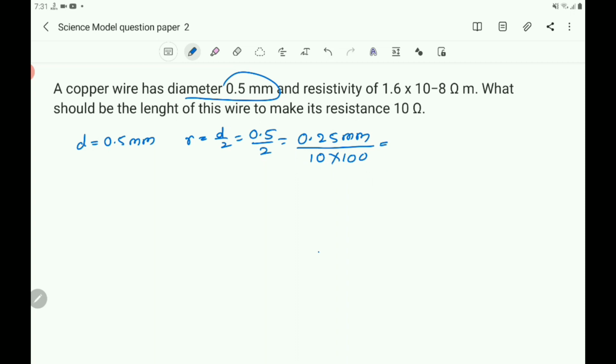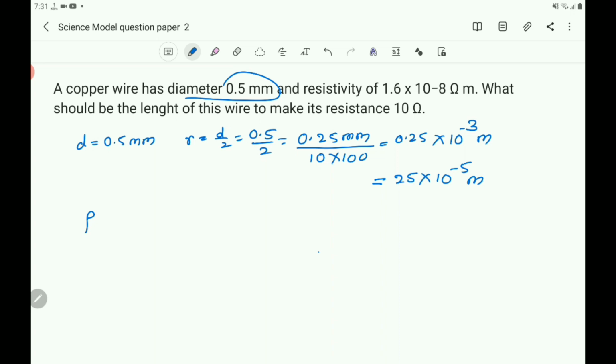Then it becomes 0.25 into 10 power minus 3 m, or you can write it as 25 into 10 power minus 5 meter.